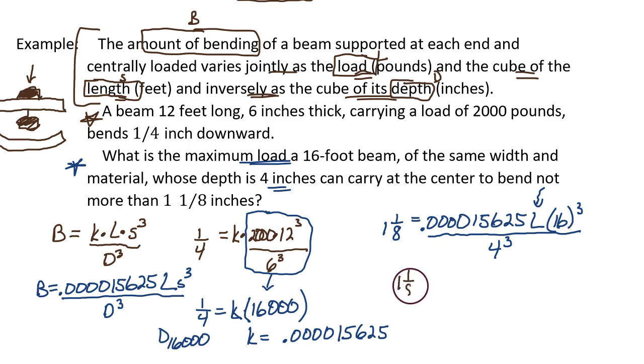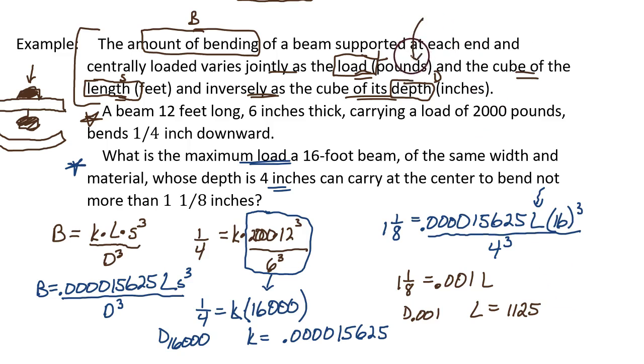So we have 1 1/8 is equal to 0.001 times L. Now what do you do to get L alone? Divide both sides by 0.001. We will get L equals 1,125.